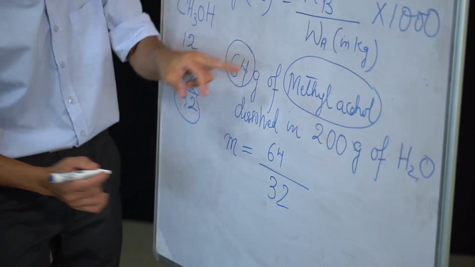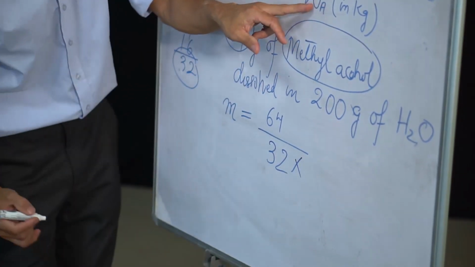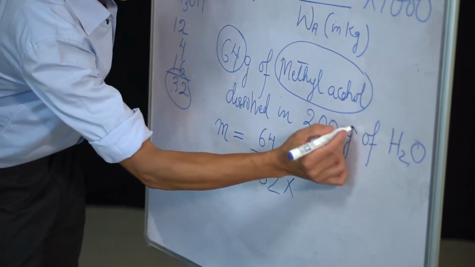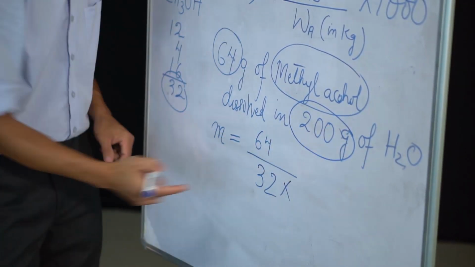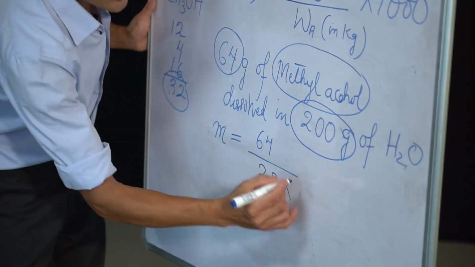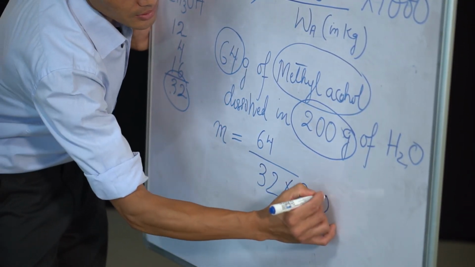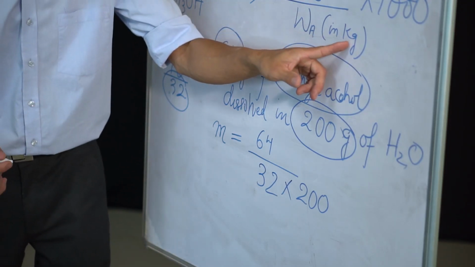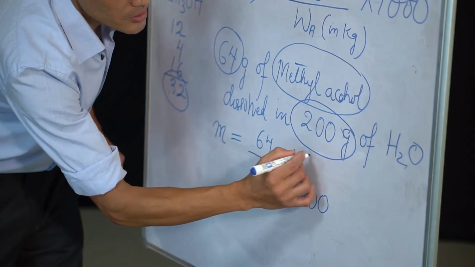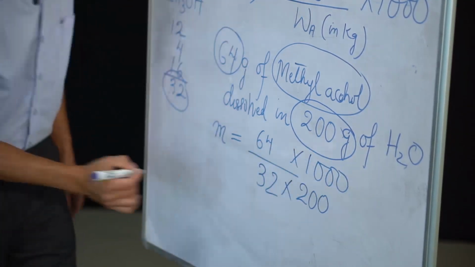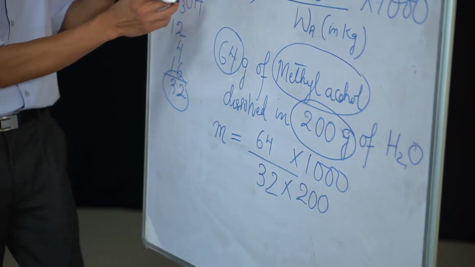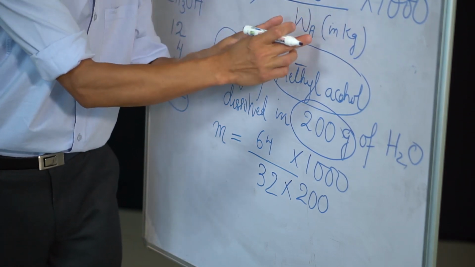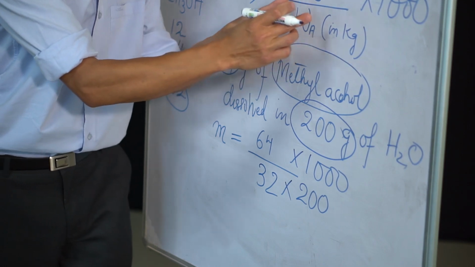Then mass of the solvent in kilograms, whereas here mass of the solvent is given in grams. So if we have this mass of the solvent in grams instead of kilograms, we multiply this by 1000. Now here, molality is number of moles of the solute divided by mass of the solvent in kilogram.